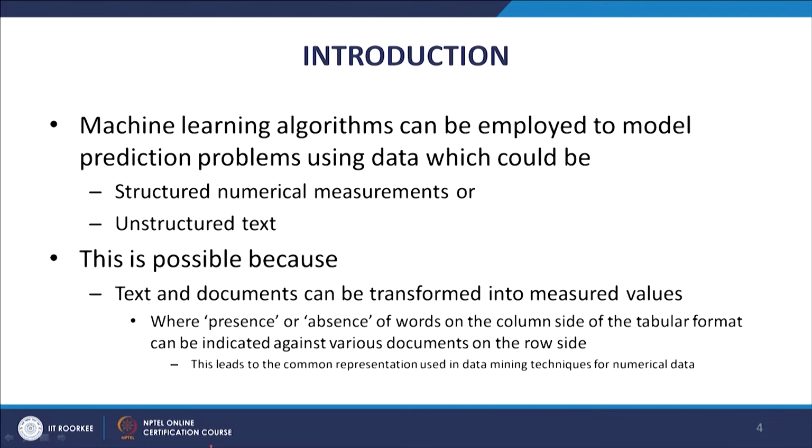The same thing is mentioned here, that machine learning algorithms can be employed to model prediction problems using data which could be structured numerical measurements as we did in the previous two courses, or unstructured text. That is something we are going to cover in this course.